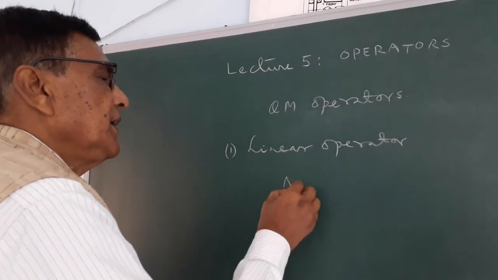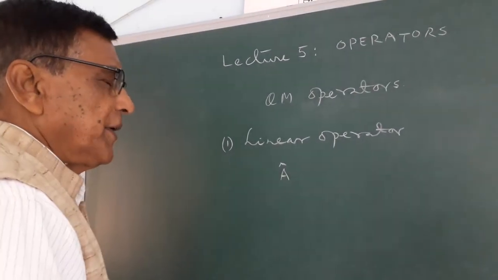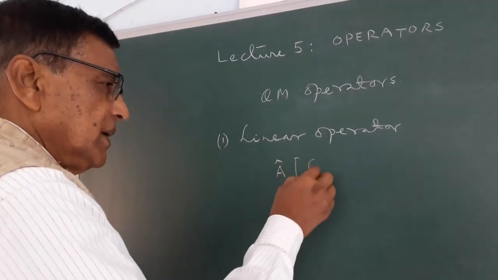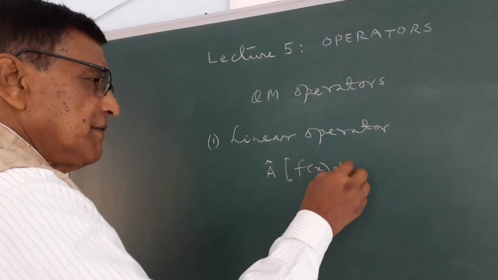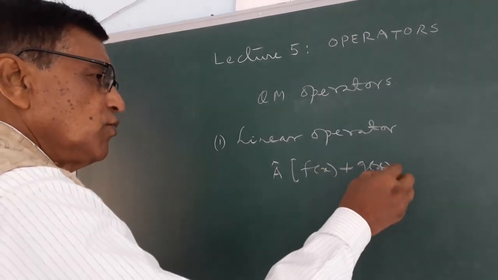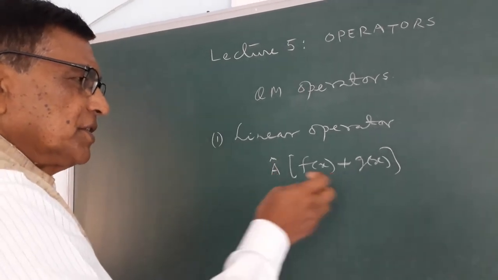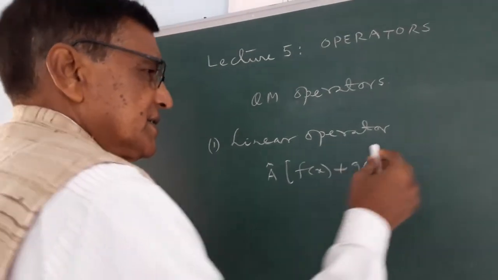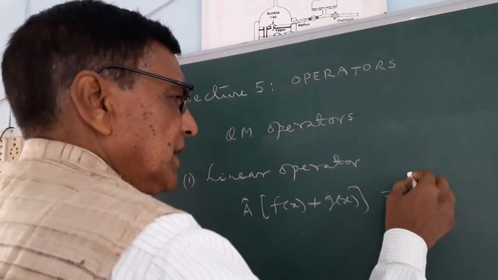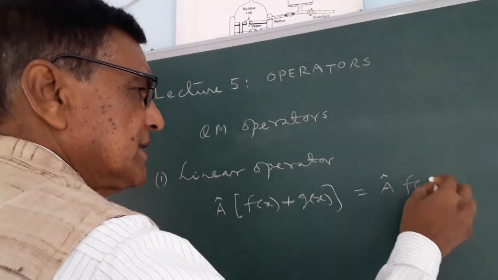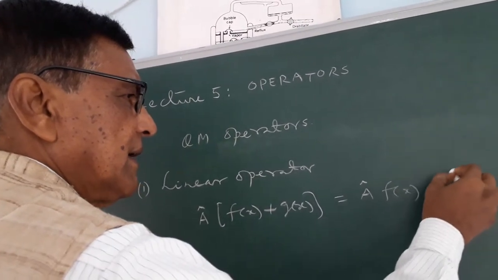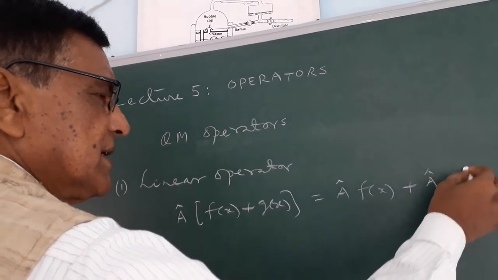Say A cap is a linear operator, and f(x) and g(x) are two functions. The operator operating on the sum of the two functions equals A cap f(x) plus A cap g(x).